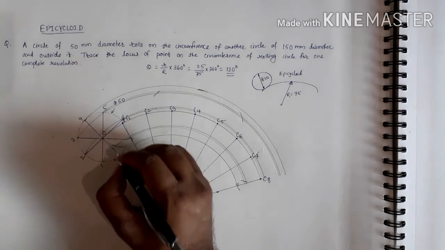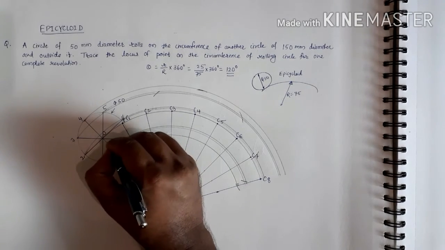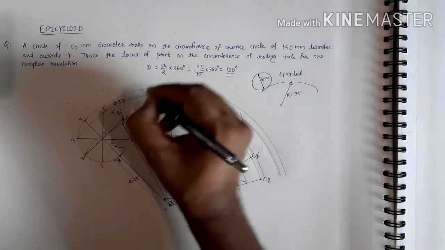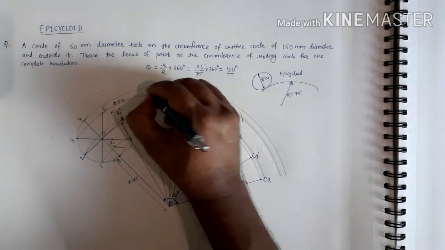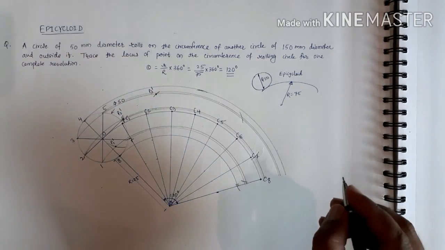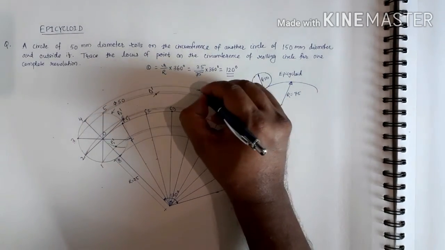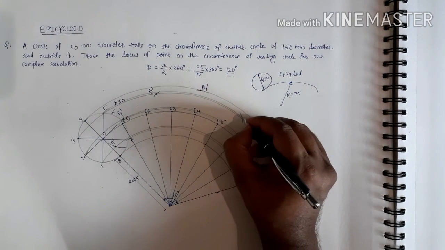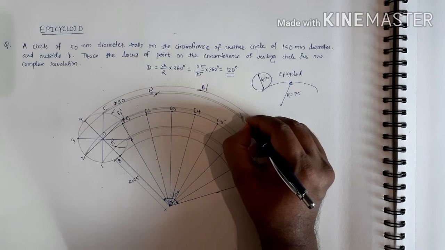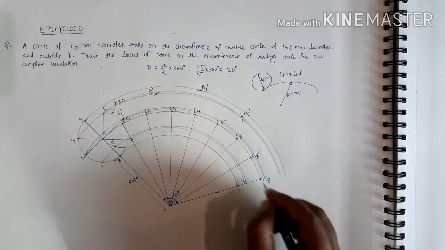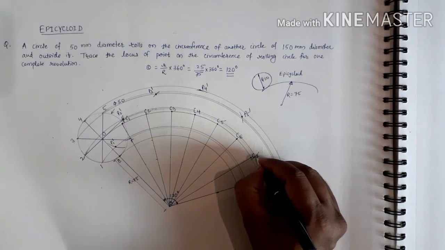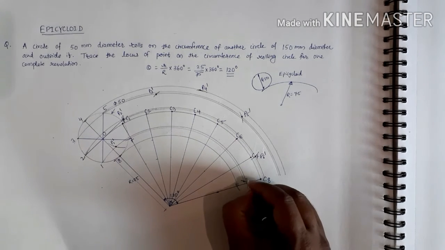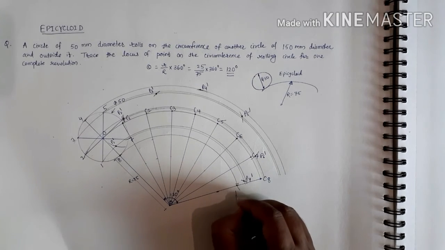So these are the points on the epicycloid. So mark as P1 dash, P2 dash, P3 dash, P4 dash, P5 dash, P6 dash, P7 dash and P8 dash.